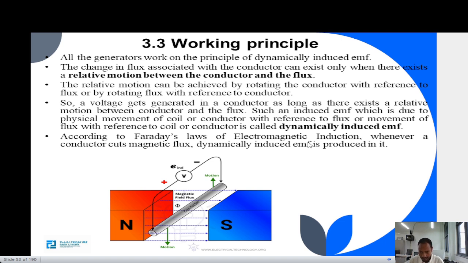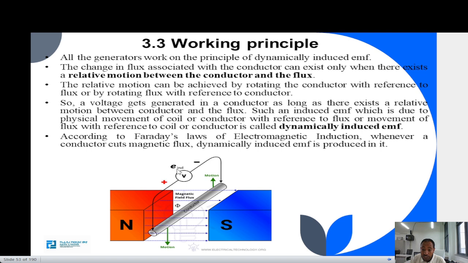As you see from the diagram, if you have a magnet with north and south poles having magnetic flux emerging from north to south, and we place a conductor inside this magnetic field and make either the conductor or the flux or both move relative to each other, then, as Faraday investigated, there is an induction inside this coil or conductor.